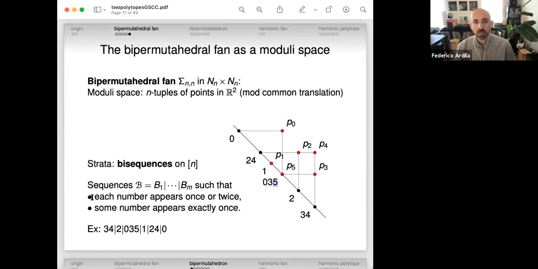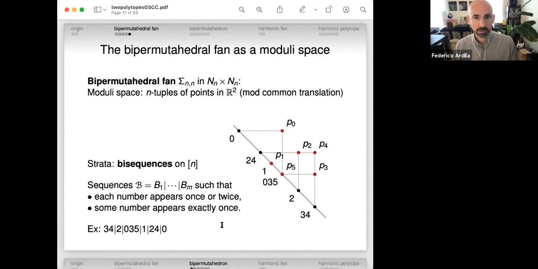And so these sequences are all the sequences that contain each number either once or twice. But there has to be at least one number that only occurs once because the support line hits at least one of the points. Okay. So this is the definition of a bisequence. And this begins to let us understand the combinatorics of this fan.